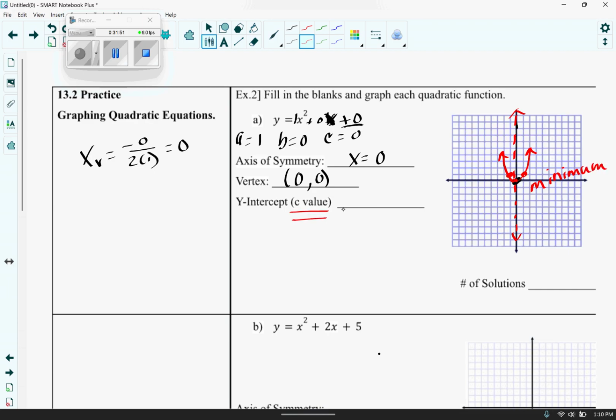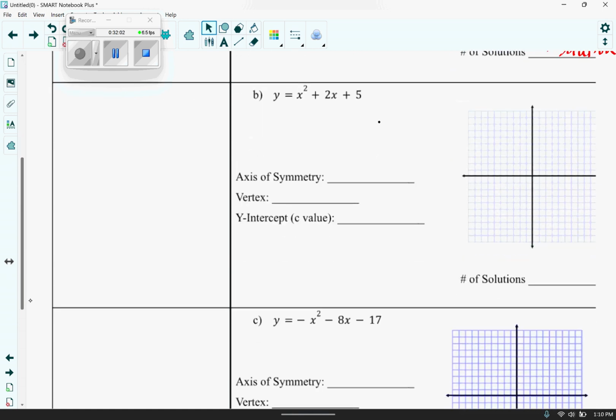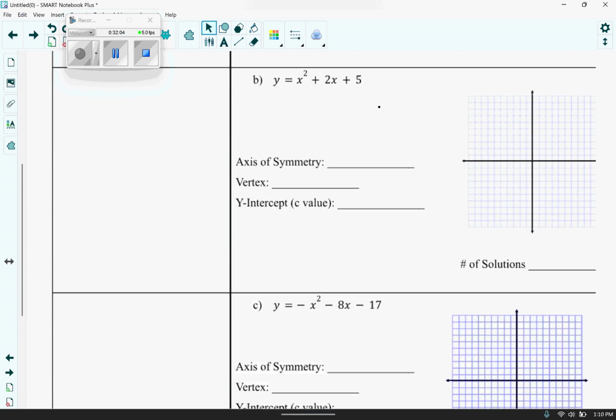That c value was 0, and I have one solution because it only touches this x-axis one time. Okay, 2 more problems, and then I'm going to stop this video and let you guys do its business, and hopefully you'll know what you're doing for the most part for these 2.